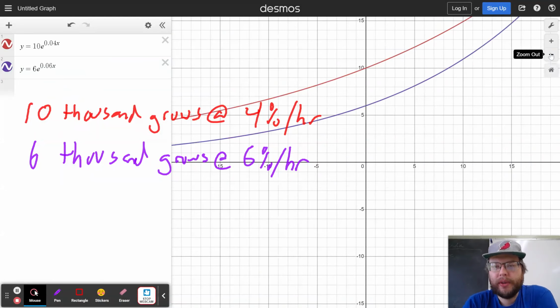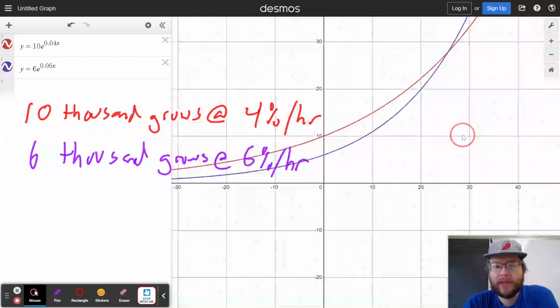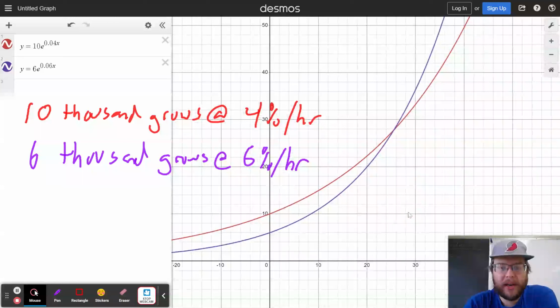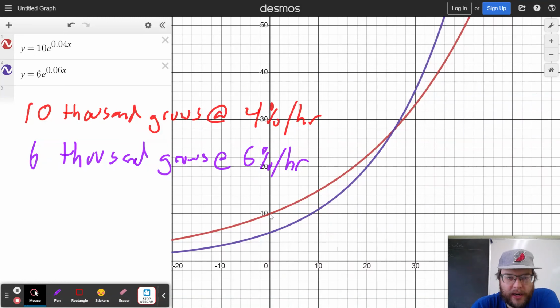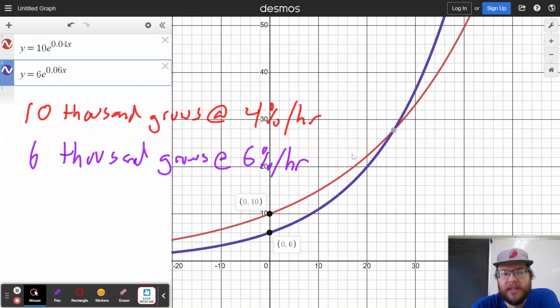All right, so if we zoom out here, we can see basically the story that I hope you expected, that the red graph starts out higher because it has 10,000 initially, and then the purple graph starts out lower, but then eventually it catches up. Okay. And if you're using a technology like Desmos, it's super nice.